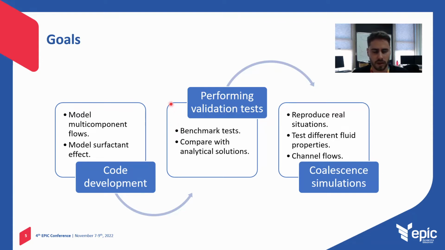After the development of the code, we will apply it in validation tests. So we will select a set of benchmark tests with analytical solutions where we can see if our code is working properly. Then, in the last step of our work, we will try to reproduce these real coalescence situations.